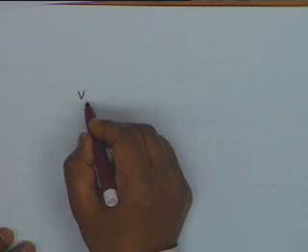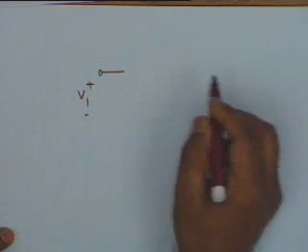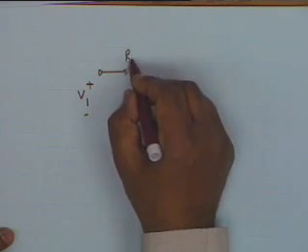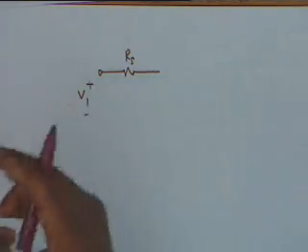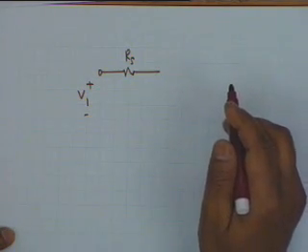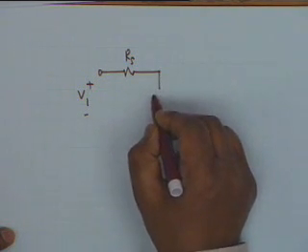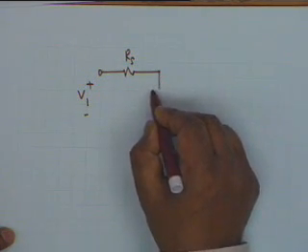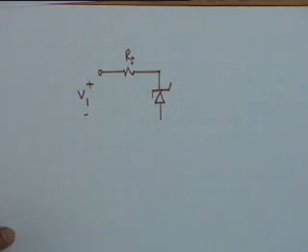What we do is, the VDC source, we call this V1 plus minus, this may represent the source resistance or a resistance connected intentionally. One has to connect a resistance here, and then you have the Zener. The Zener is represented like this. It is represented by means of a wavy line here instead of a straight line.